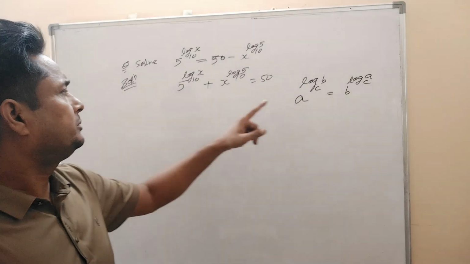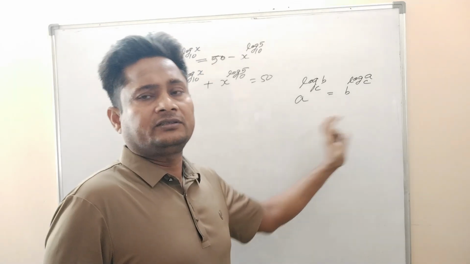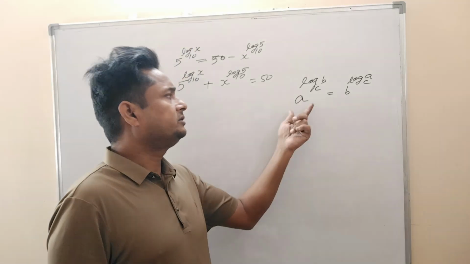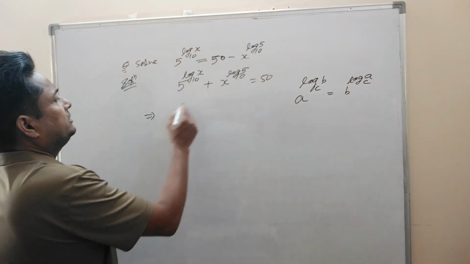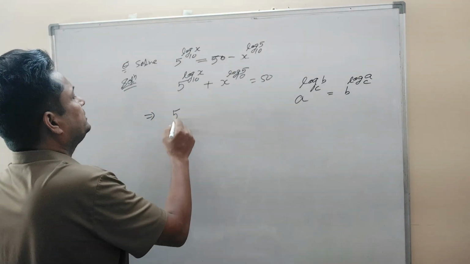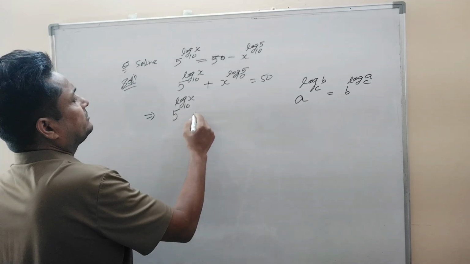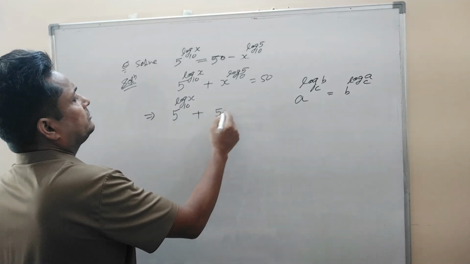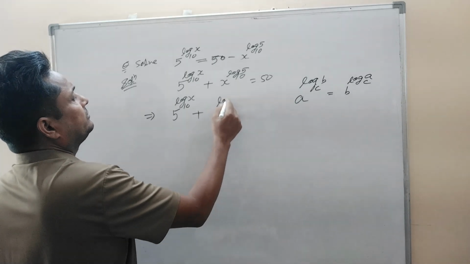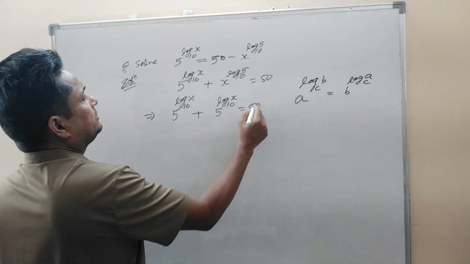So using this property, if you take log on both sides, the left hand side is equal to the right hand side. That means this can be written as equal to this one. So this can be written as 5 to the power log x base 10 plus, by using this property, 5 to the power log x base 10 is equal to 50.